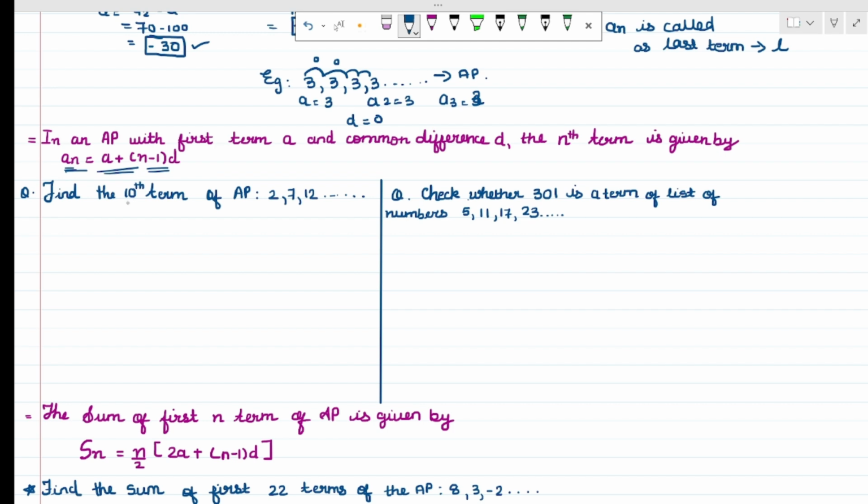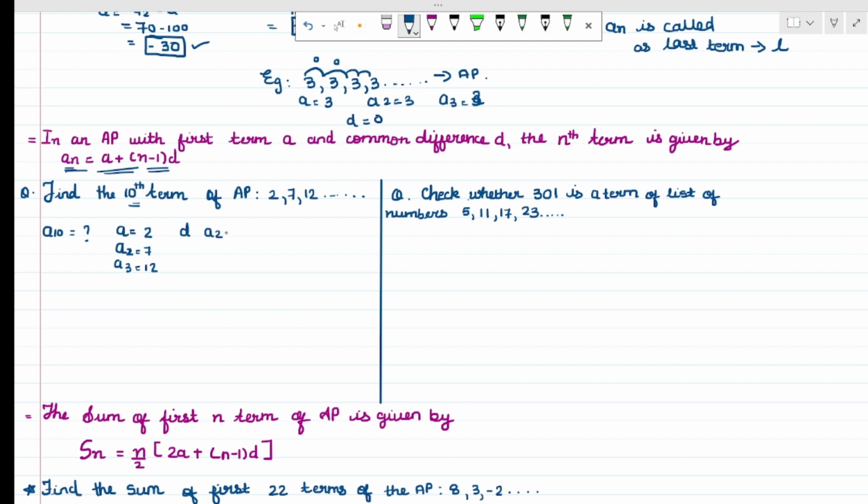We are asked for the 10th term, so we need to find A10. First of all, write down what you have. Your A is 2. How will you find D? I have A as 2, A2 equals 7 and A3 equals 12.